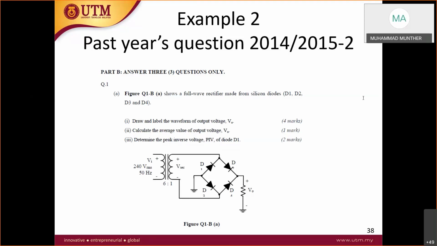Nur Elisa asks, doctor, do we do the same if step up? Same for step up. Another student asks, for the bridge one, is it necessary to have 2 grounds, like in this question and the examples that we took before?